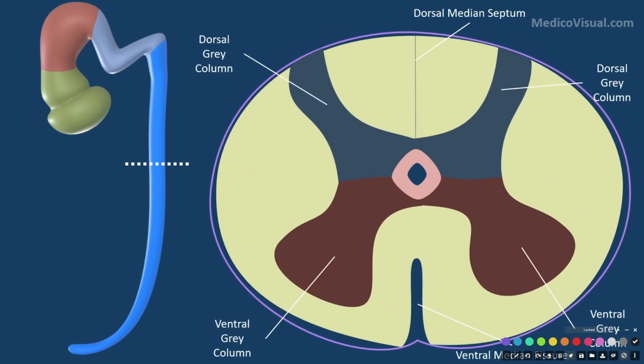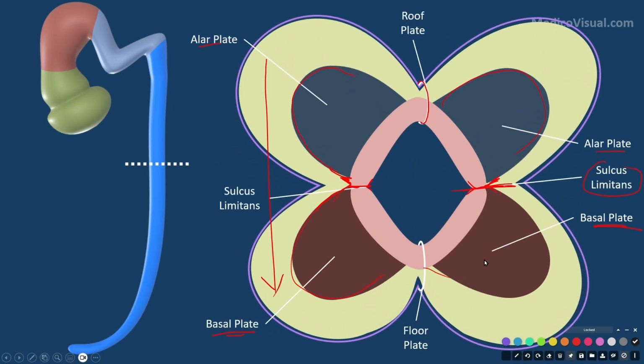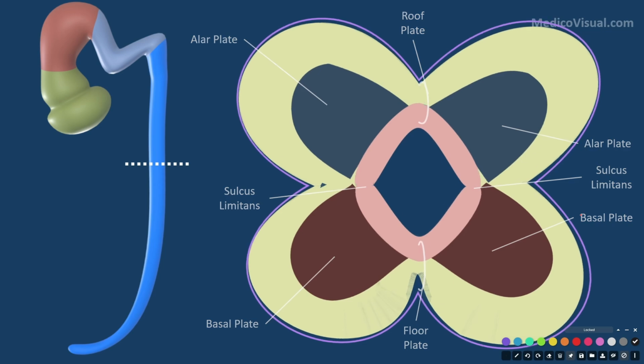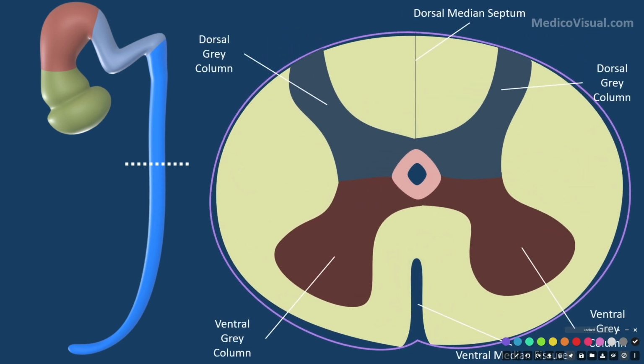Now it will be reorganized further, and ultimately the alar plate will form the sensory component and the basal plate will form the motor component. The alar plate will be converted into dorsal gray column. The basal plate will be organized into ventral gray column.